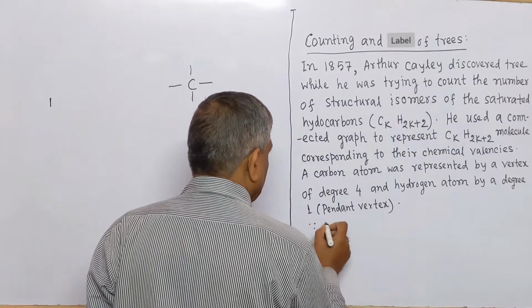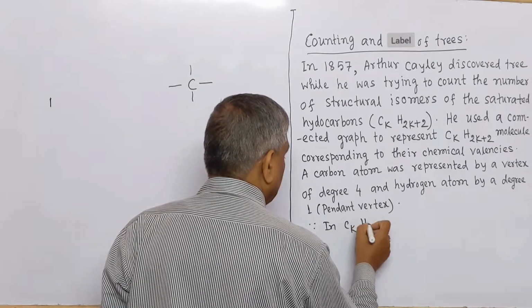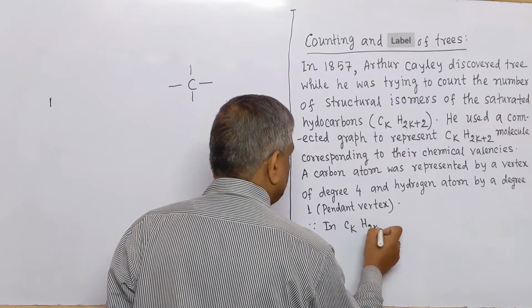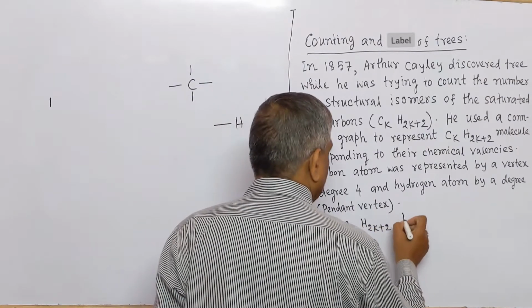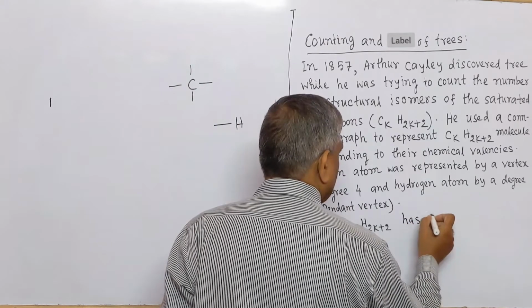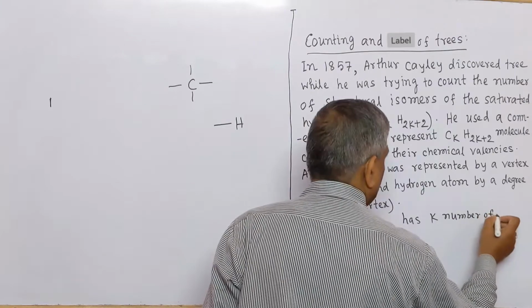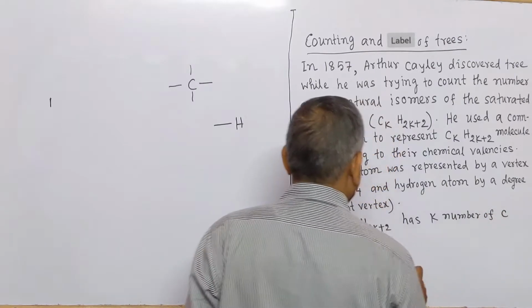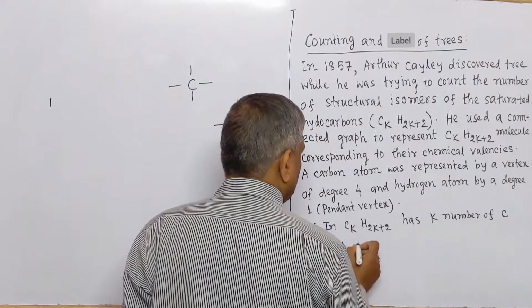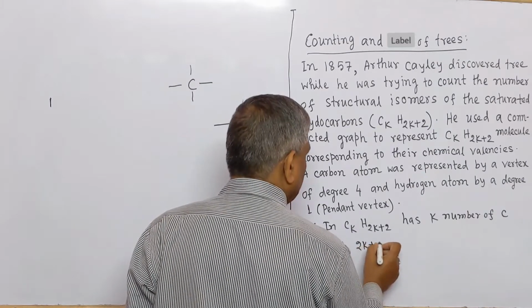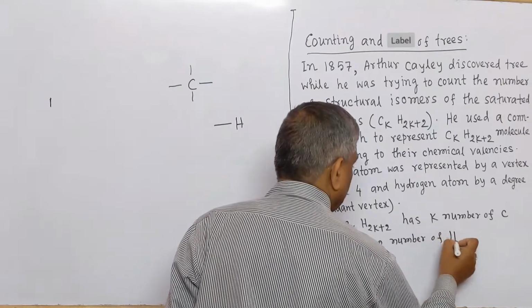Since CkH2k plus 2 molecule has k number of C and 2k plus 2 number of H.